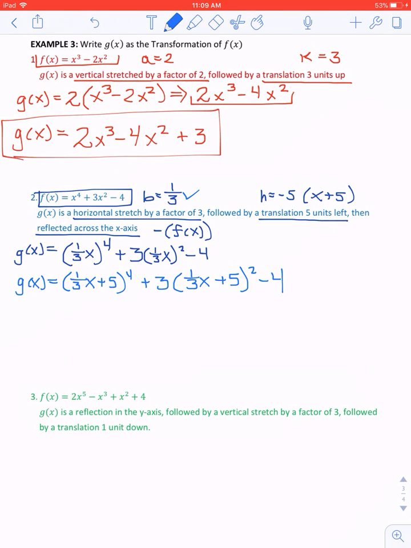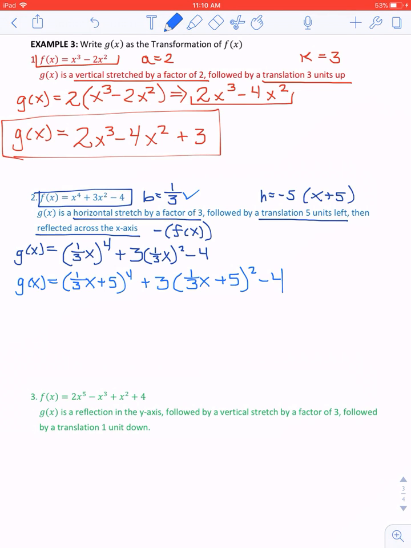You should now have 1/3 x plus 5, all taken to the 4th power, plus 3 times 1/3 x plus 5, taken to the 2nd power, minus 4. So any horizontal transformation goes inside parentheses with your x.